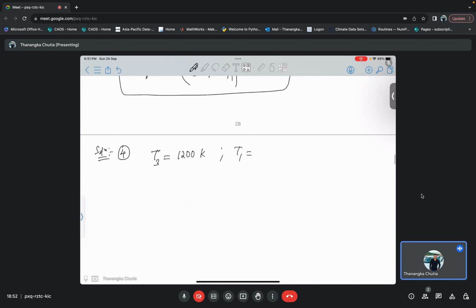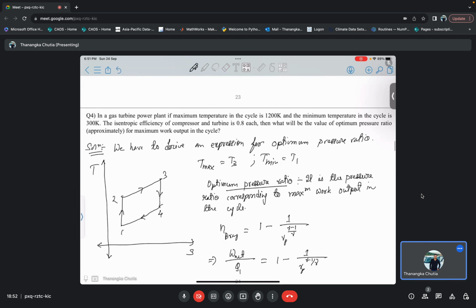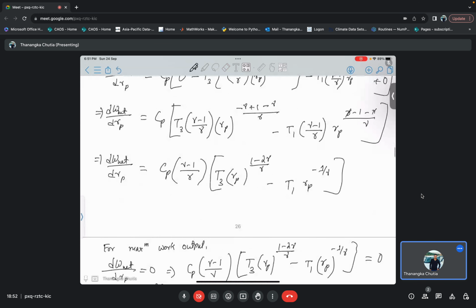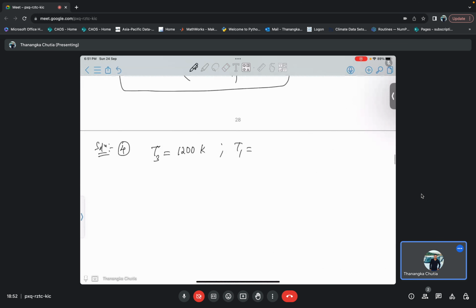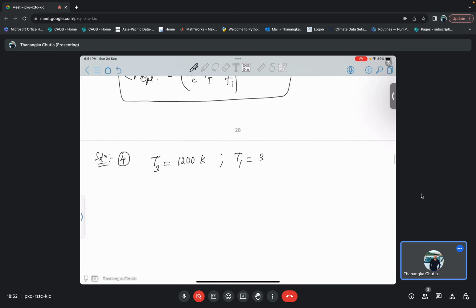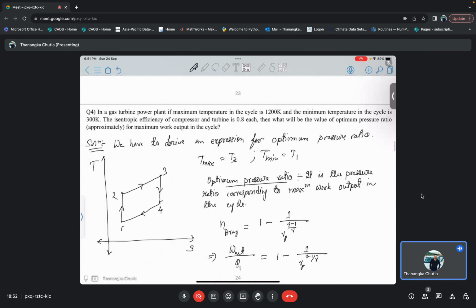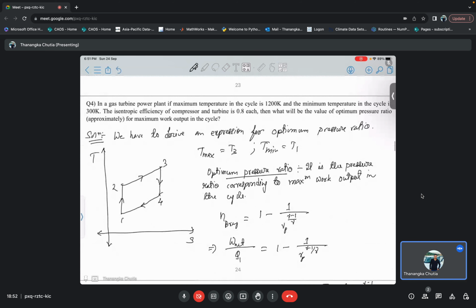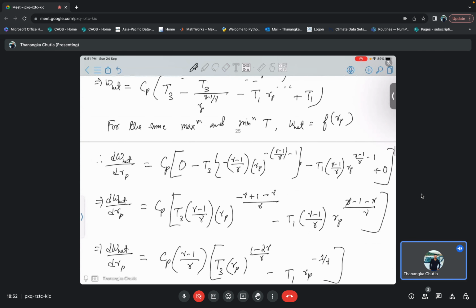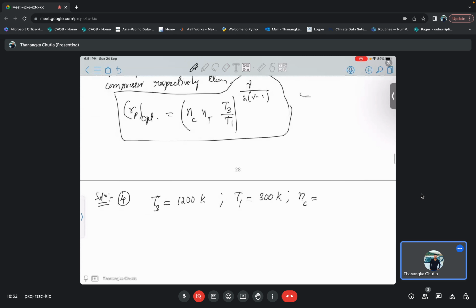T1, the minimum temperature, is given to us as 300 Kelvin. And eta compressor is given to us as, what it is telling us, that the isentropic efficiency of compression and the turbine is about 0.8. So compressor is equal to 0.8 and turbine is also equal to 0.8.